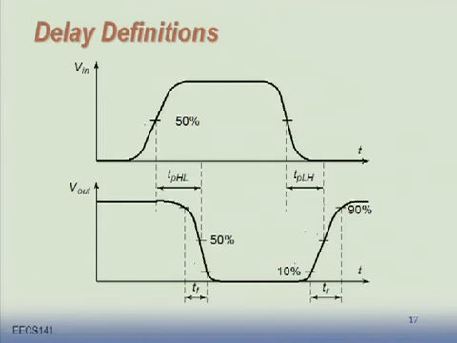Propagation delay is defined with respect to the output waveform. So that's why I have high to low. My output is going from high to low.